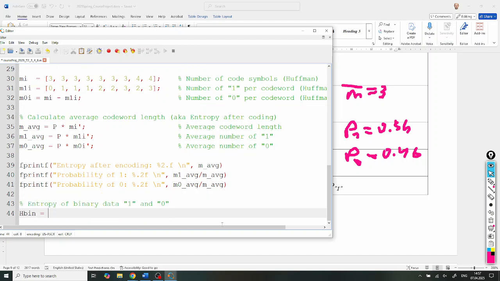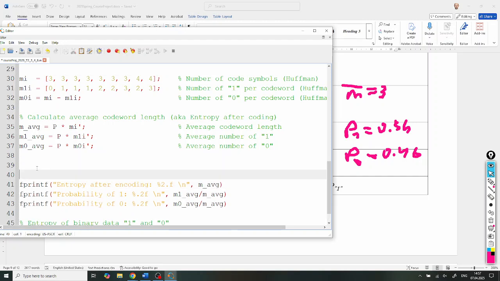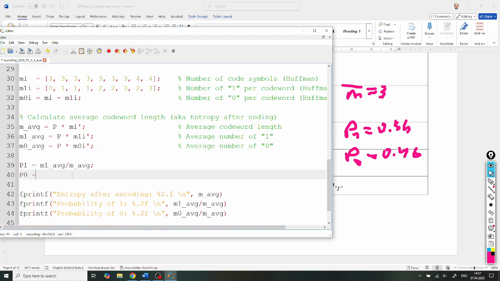H binary is going to be minus, well, it would actually make sense to save them, P1 and P0.